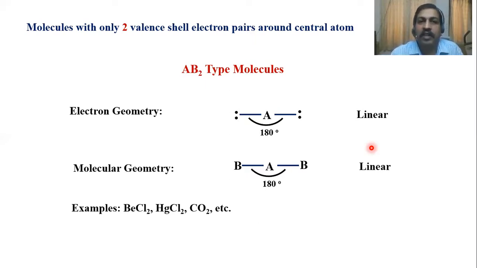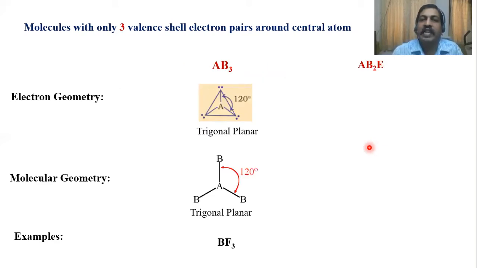Now let us look at molecules in which there are three valence electron pairs around the central atom. Such molecules can be AB3 type or AB2E type. First let us look at AB3 type molecules. Electron geometry: there are three electron pairs around the central atom.